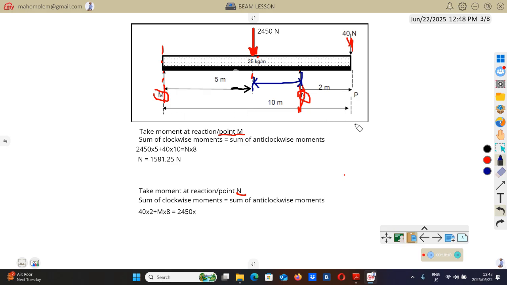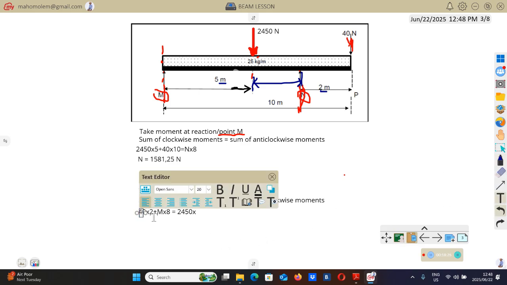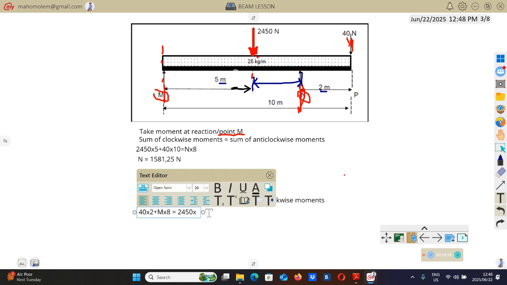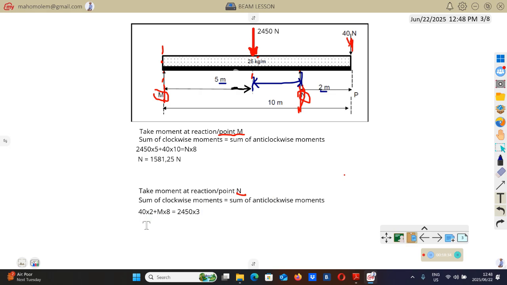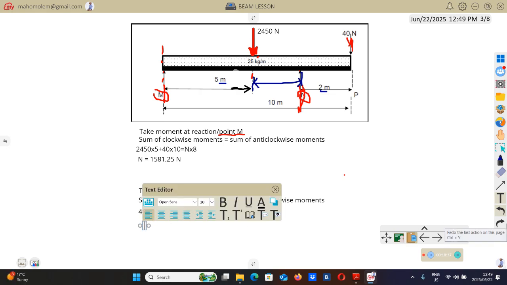You can say 10 minus 5 minus 2. It's going to give us 3. So the distance will be 3. Multiplied by 3. Then you can see M is unknown. Then you can find M. Make M the subject of the formula. M will be equal to 908.75.